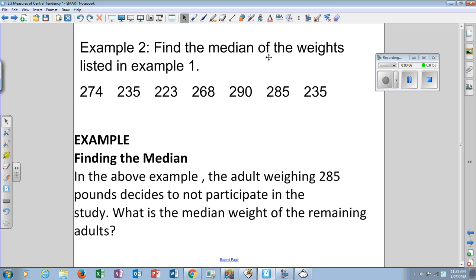Example 2, find the median of the weights listed in example 1. So the easiest way to do this, if you're not doing it in the calculator, is to order them from lowest to highest. I have 223, and I have two 235s.